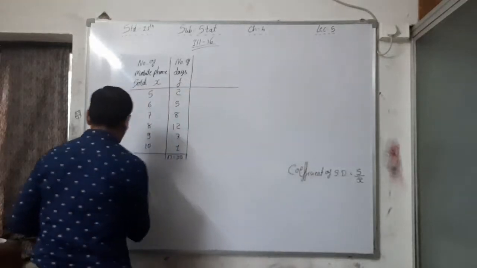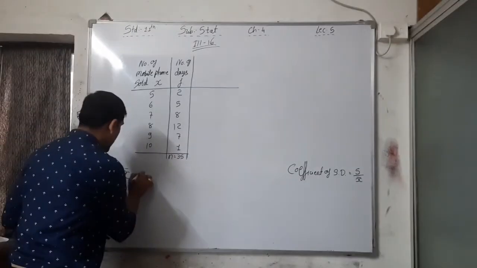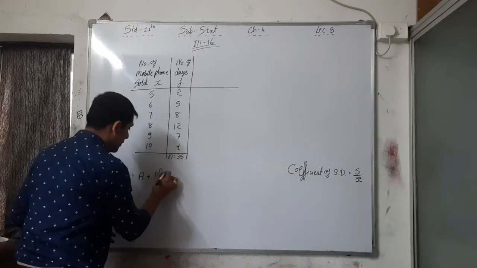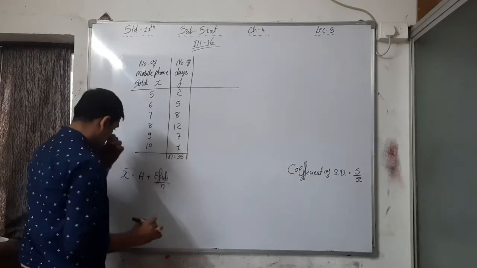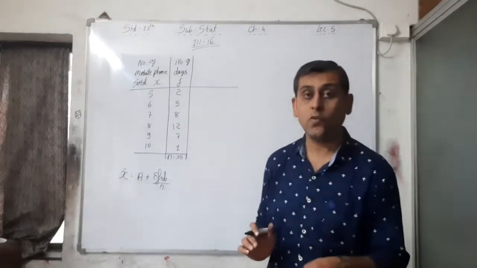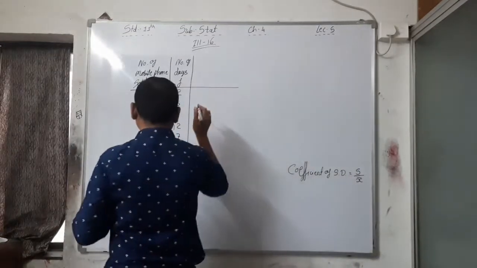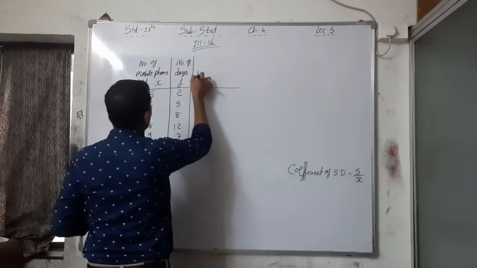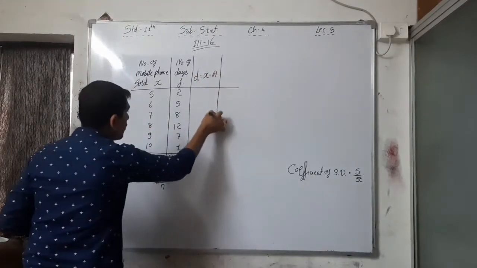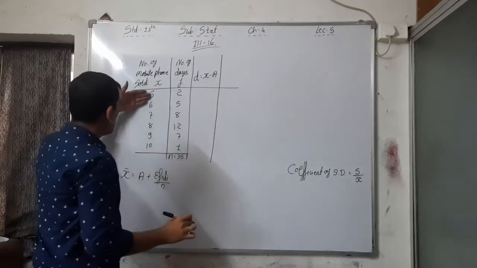For that, what is the formula for x bar? X bar is equal to a plus sigma fi di upon n. Okay, fd upon n. So for that, first of all we have to find out d. d is equal to x minus a. You have to assume any from these.